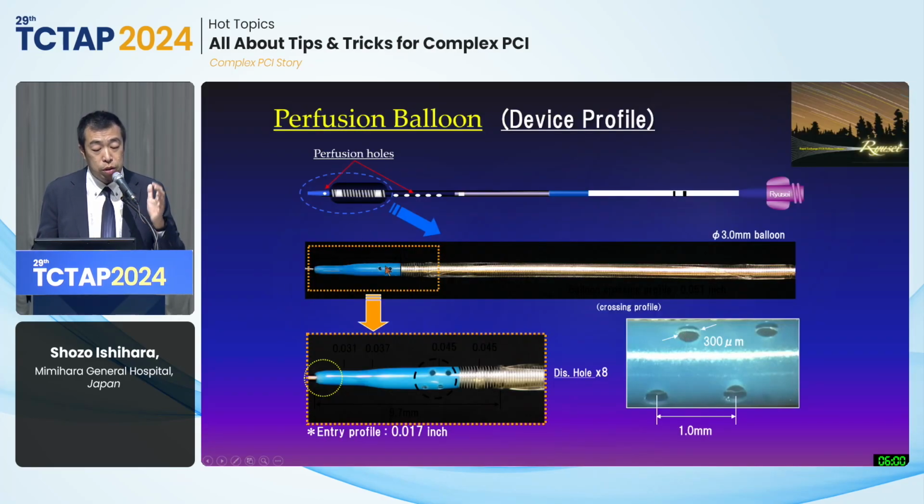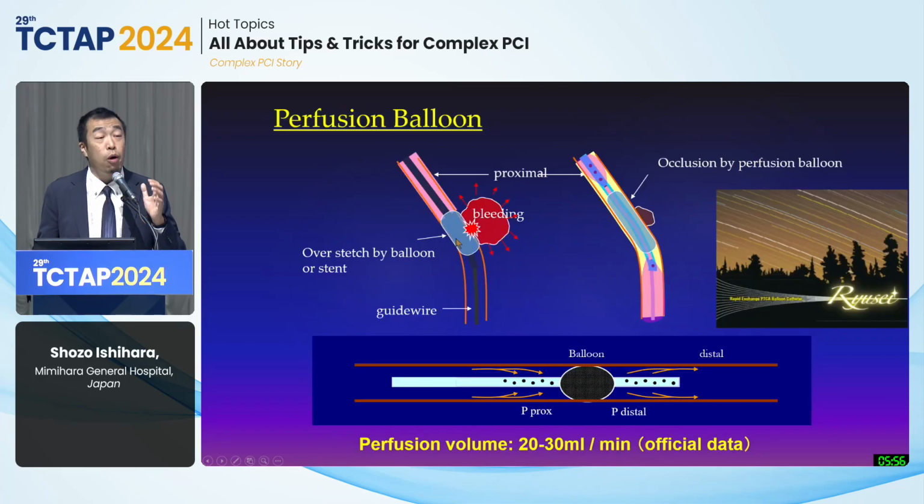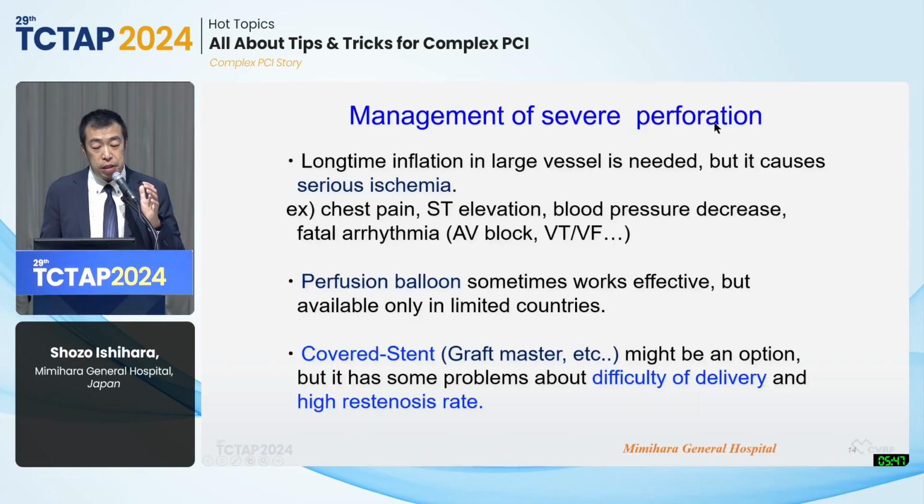There are some holes at the distal part and also the proximal part, so during occlusion at the bleeding site, we can get distal perfusion like this. This is very effective, but maybe only in Japan or a very limited number of countries is this perfusion balloon available.